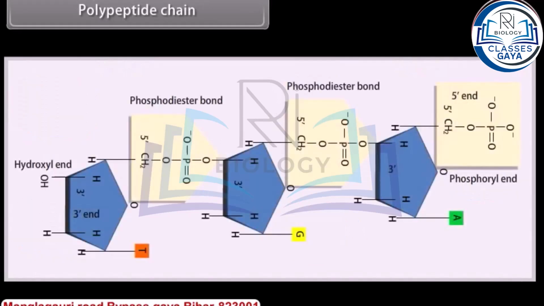A polynucleotide chain has a phosphate moiety at one free end of ribose sugar. This is known as the 5' end of the polynucleotide chain. The other free end of ribose sugar has an attached OH group. This is called the 3' end of the polynucleotide chain.